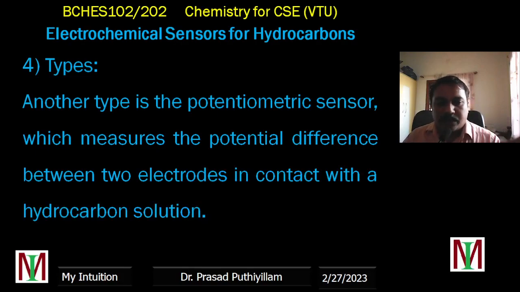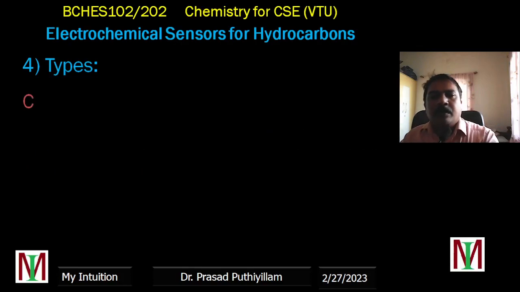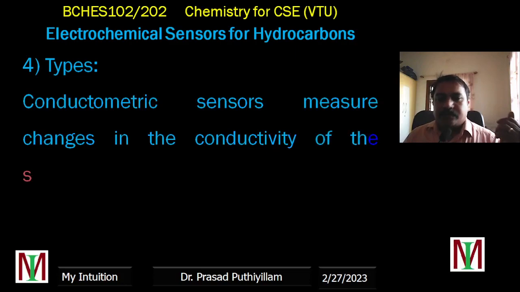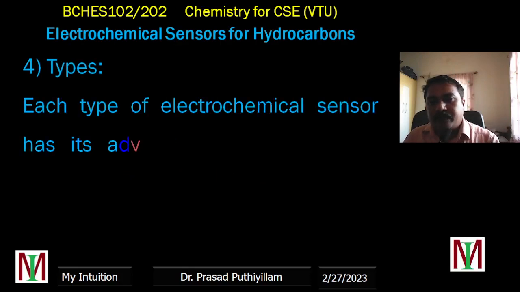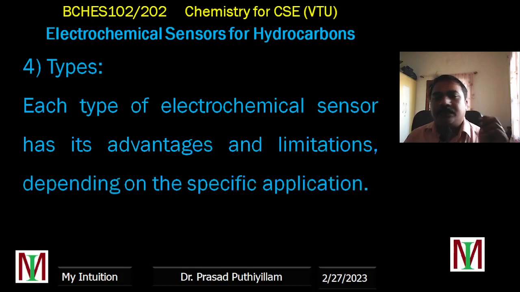It has a working electrode and a reference electrode connected to a potentiostat, and measures the changes in potential because of the presence of the hydrocarbon sample. Conductometric sensors measure the changes in conductivity of the solution as a result of the presence of hydrocarbons. There will be changes in conduction property, which can be measured, and we can identify which hydrocarbon is present. Each type of electrochemical sensor has its own advantages and limitations depending upon the specific application.